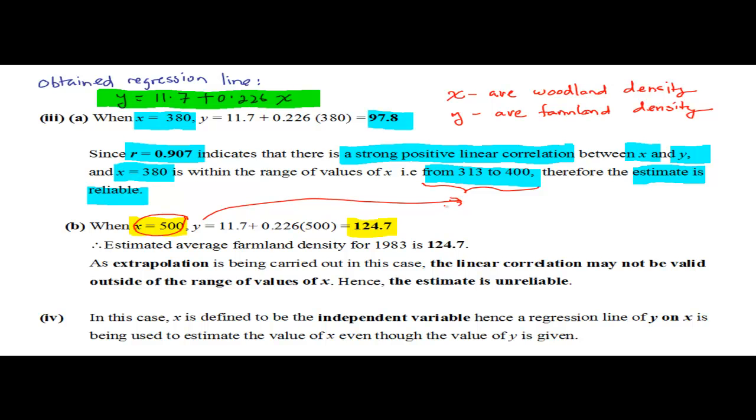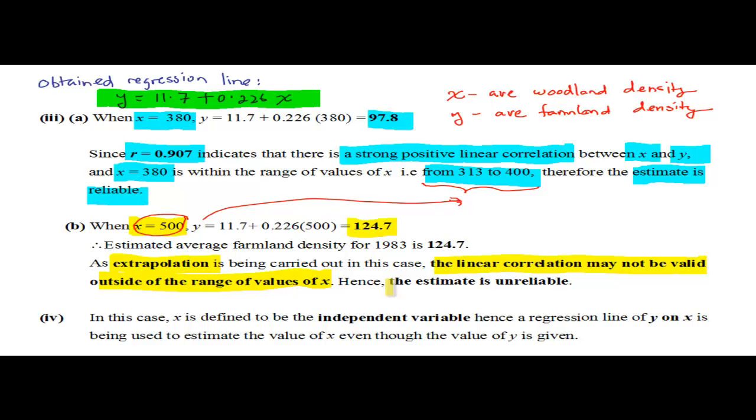In this sense, an extrapolation has occurred. When an extrapolation occurs, the linear correlation may not be valid outside the range of values of x. The reason is that the experimental data we have collected is what allows us to form the linear regression line, and this line is only based on that set of data.